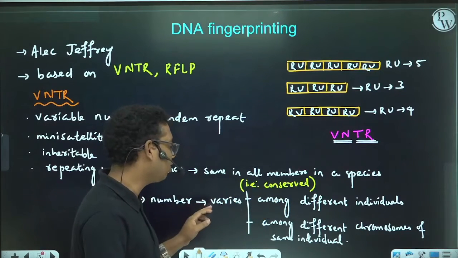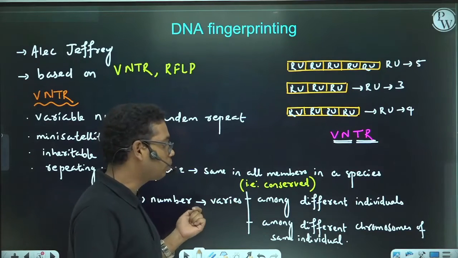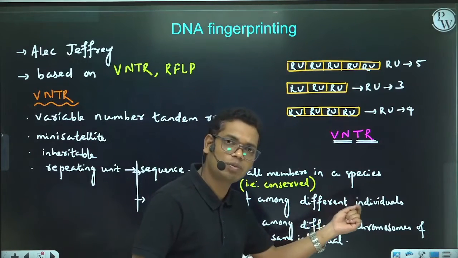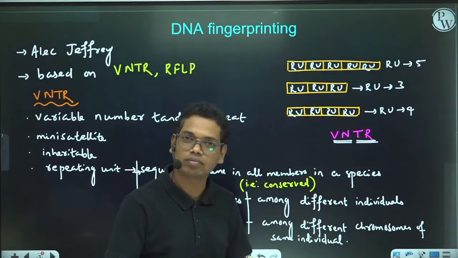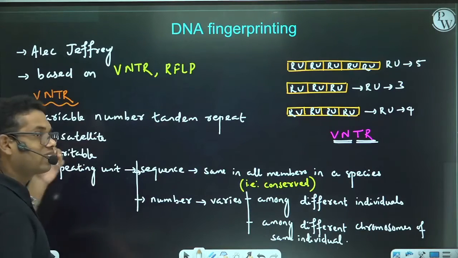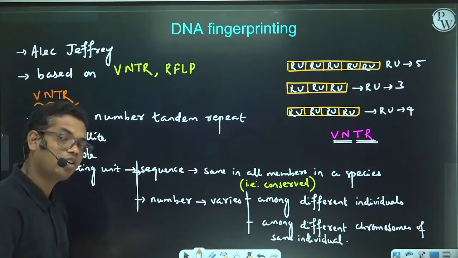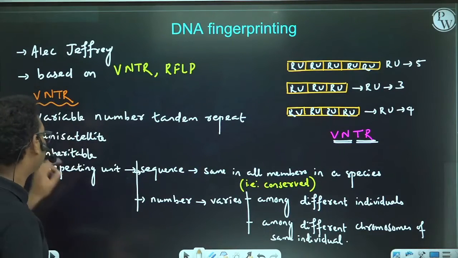The variation in number is present among the different individuals of the same species and among the different chromosomes of the same individual. Now the VNTR is an example of satellite DNA, and satellite is of two types mainly. One is minisatellite, another is microsatellite, and this is an example of minisatellite.